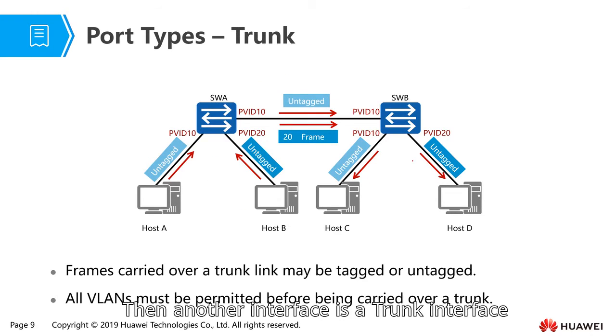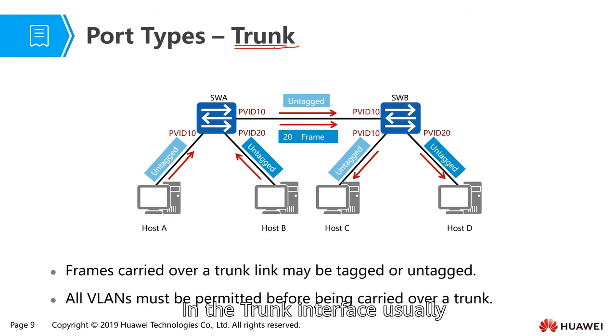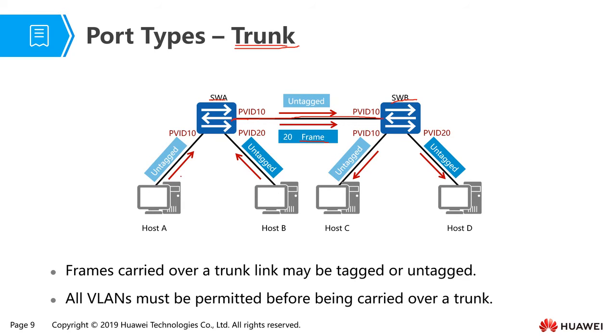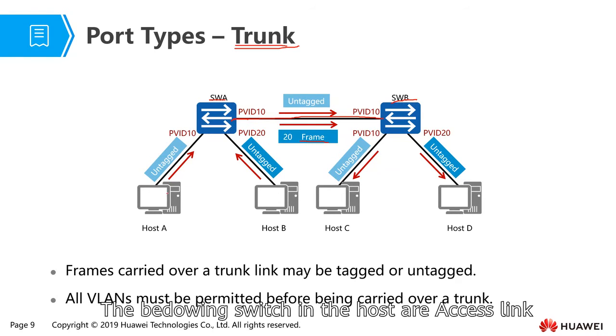Then the other interface type is the trunk interface. On the trunk interface, usually the frame is sent out with the tag. In this topology, the link between switch A and switch B is a trunk link, and the links between the switch and the hosts are access links.